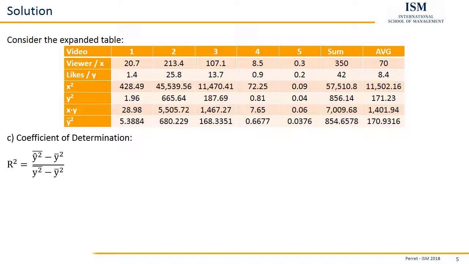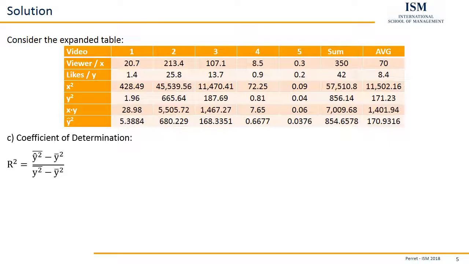We basically compare on the upper part what we can explain. So we consider here the y-hat squared and its average. So here we insert the 170.9316 minus the squared average of y, so 8.4 to the power of 2, and below the fraction line we have the overall variance, which is represented here with y squared, and of this the average.